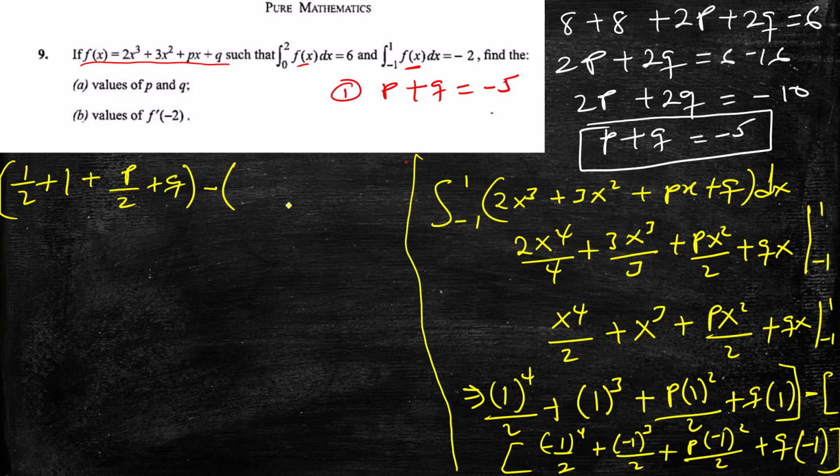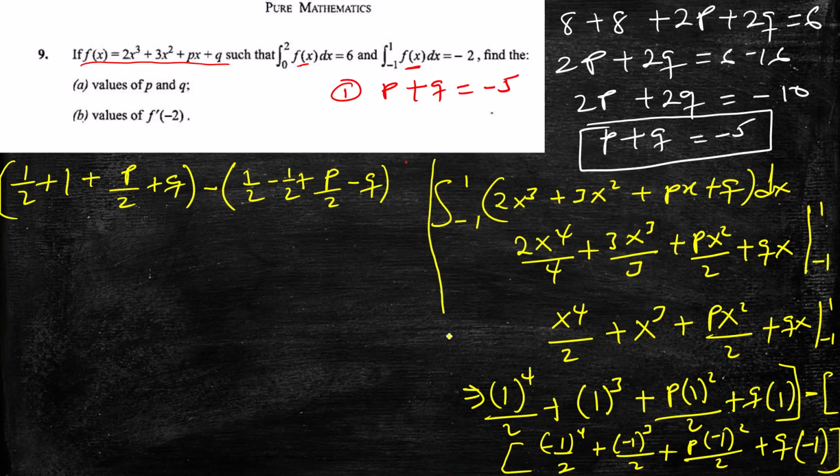Minus, -1 all to the power 4 is positive, so we have half, then negative 1, then plus p over 2, minus q, equals -2.